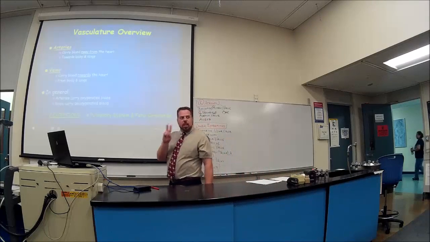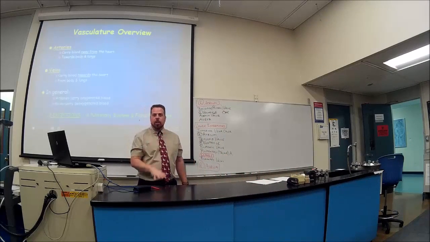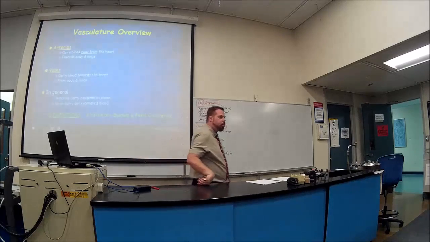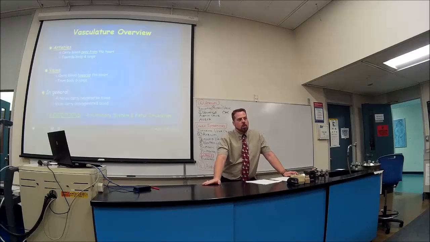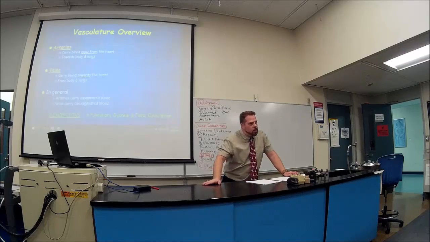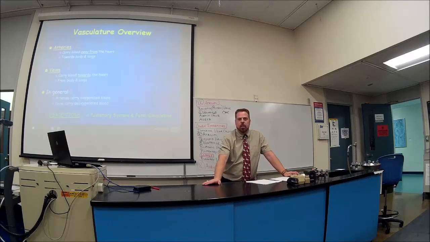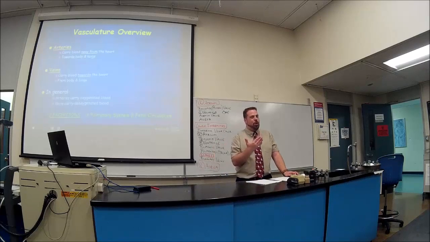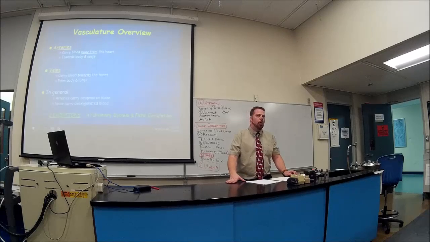The two exceptions are the pulmonary system and the fetal circulation. In the pulmonary system, the pulmonary arteries carry deoxygenated blood, and the pulmonary veins carry oxygenated blood. But the pulmonary veins are going to the heart. That's what they're defined by, which way the blood is going.